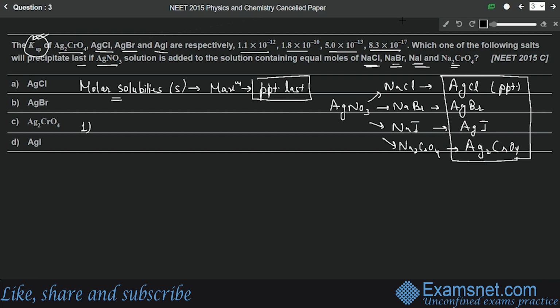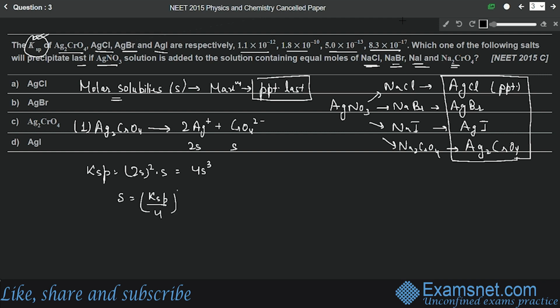The first one mentioned in this question is silver chromate, Ag2CrO4. When it dissociates, it will give 2 Ag plus ions and CrO4 2 minus ion. This is 2s, this is s. So Ksp will be equal to 2s square into s, that is 4s cube. So s will be equal to Ksp upon 4 power 1 by 3.